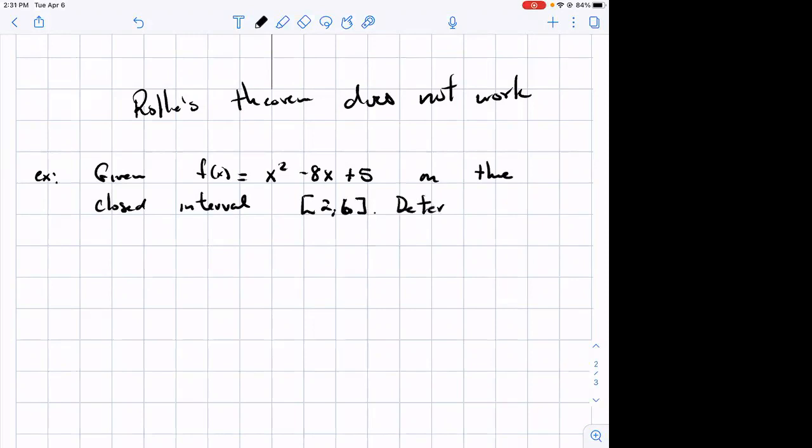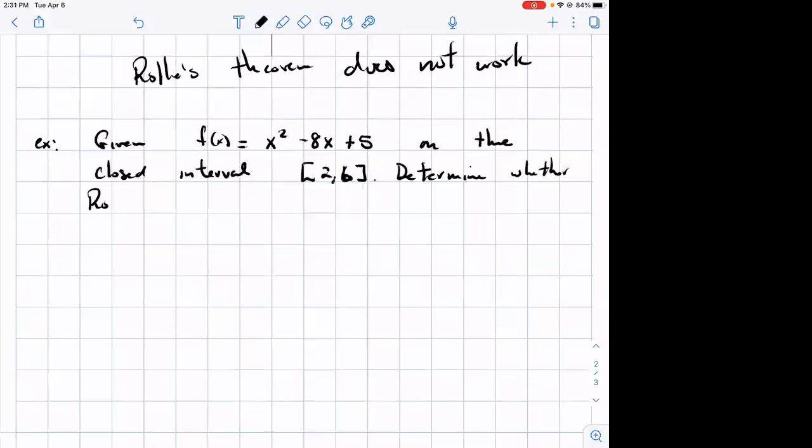Determine whether Rolle's theorem can be applied to f of x.